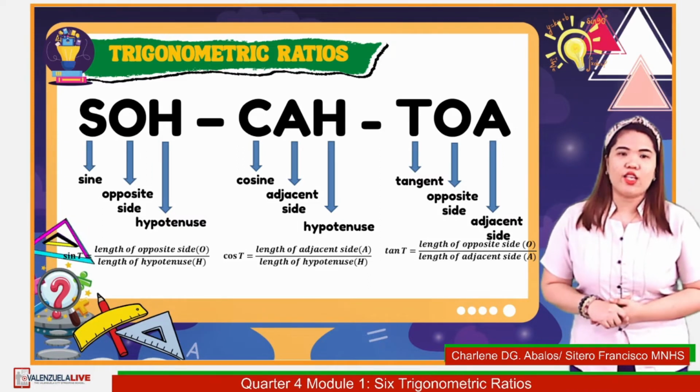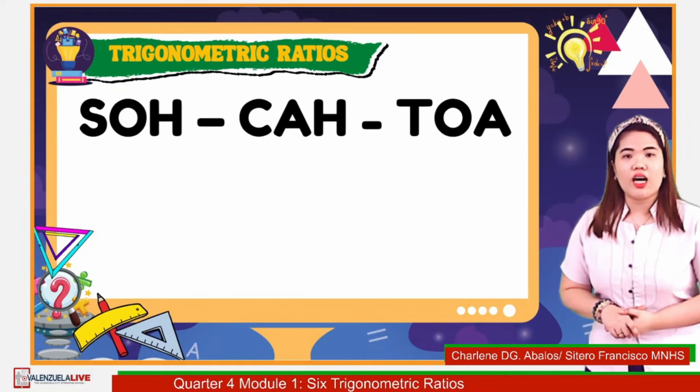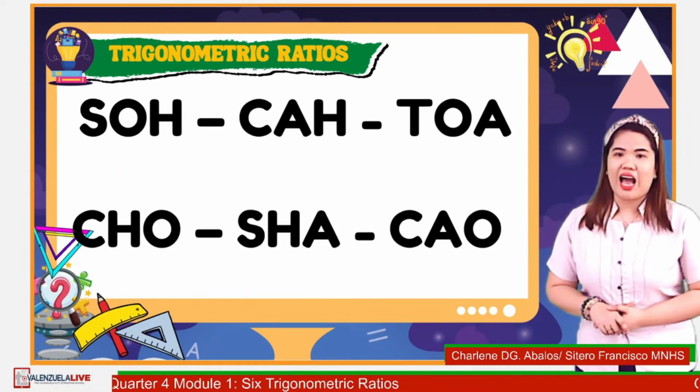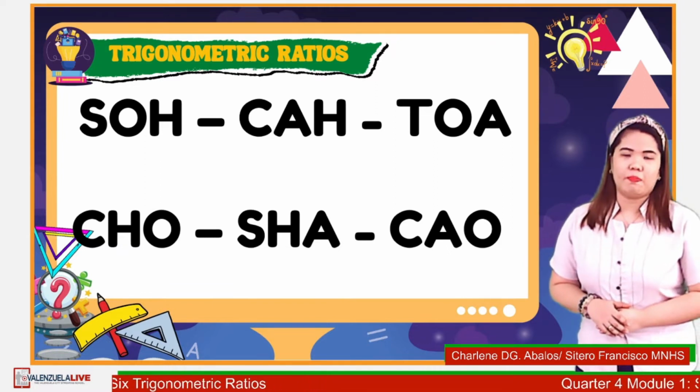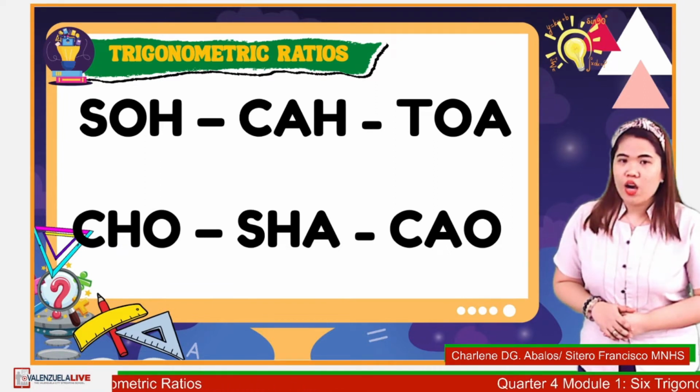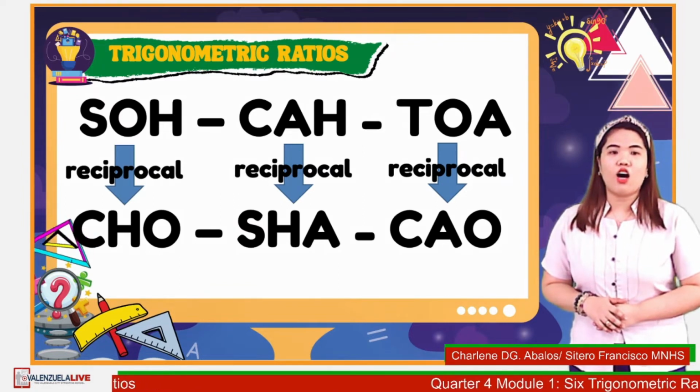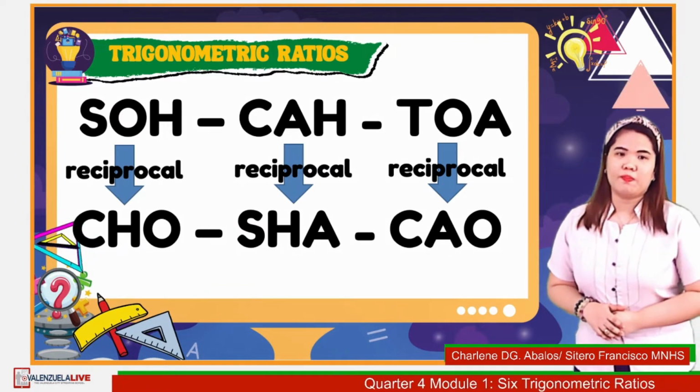On the other hand, we have the mnemonic COSHCAHTOA as the reciprocal ratio of SOHCAHTOA. COSH is the reciprocal of the sine ratio.